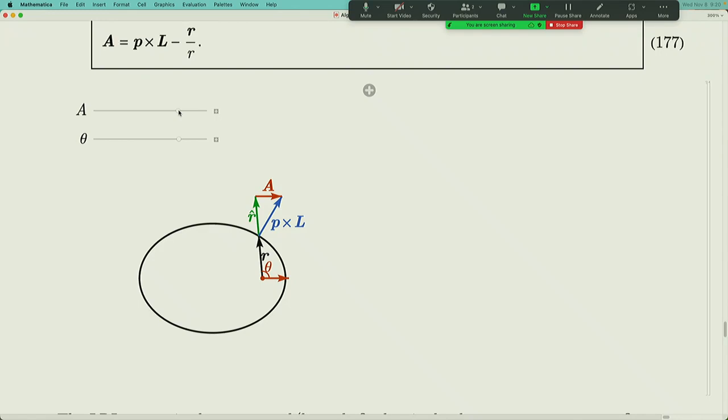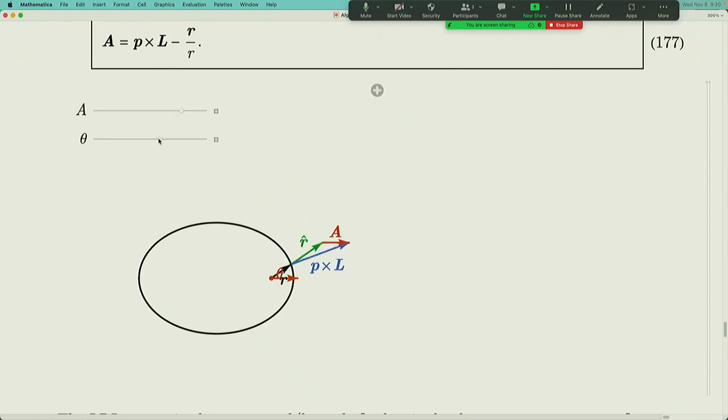And the length of this vector, we know this L vector is a conserved quantity, so its length doesn't change. But the P vector can change its length, because if you move to somewhere here, then the momentum will be very large, because at these points the electron will be moving very fast.